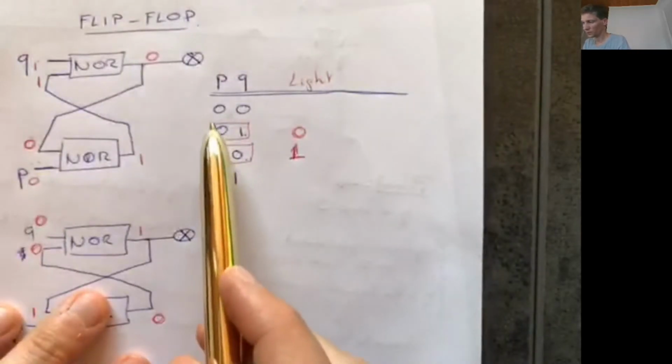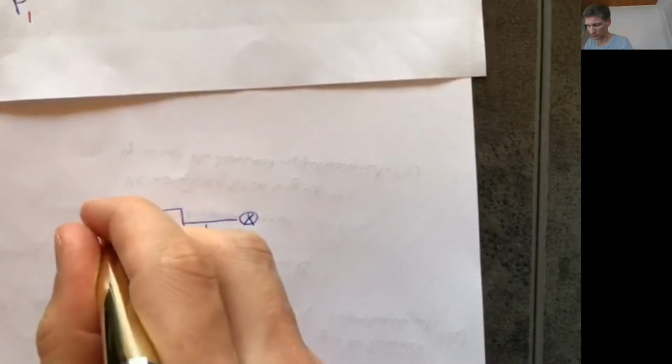And let's now take the case where both P and Q are equal to 0. So here P is equal to 0 and here Q is equal to 0. So here we have 0 and something. For the moment we don't know what the something is going to be because it's going to be the output of this NOR gate.